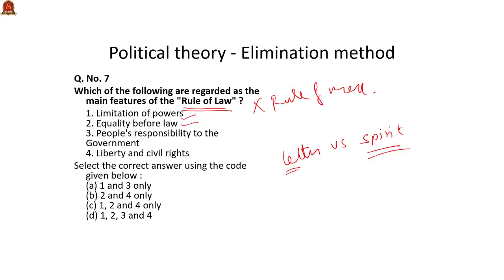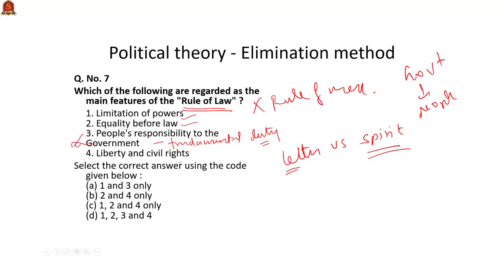The unequal application of law is excessive power, in other words. Now the third statement, people's responsibility to the government, is talking about fundamental duty. Fundamental duty will not come, because it is a responsibility of the people to the government. Rule of law talks about the relationship between government and the people, how government can use its power over the people. So the third statement is people centric, so automatically you can take it out.